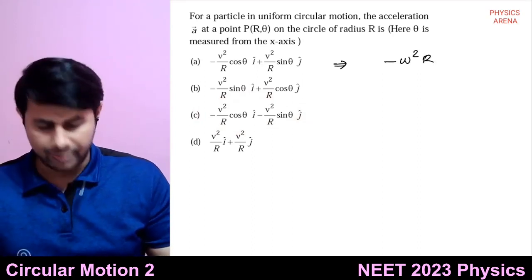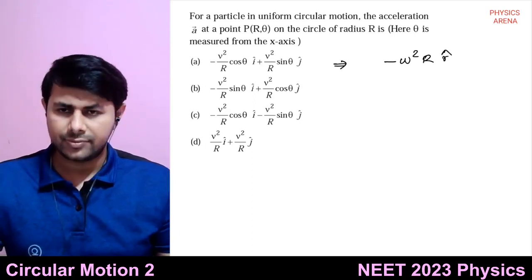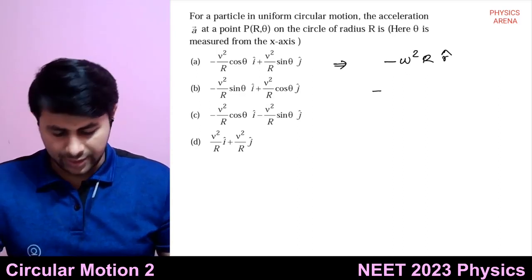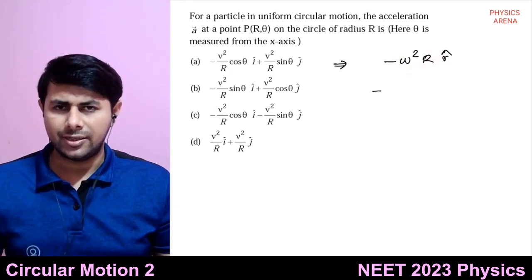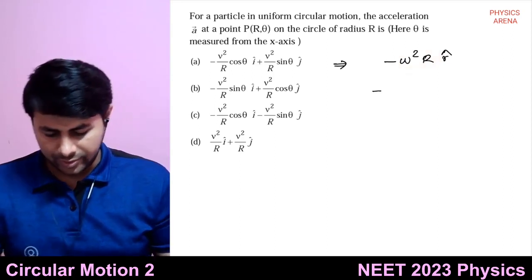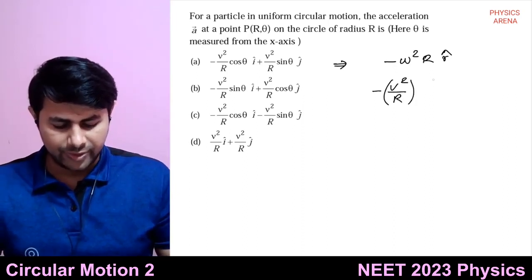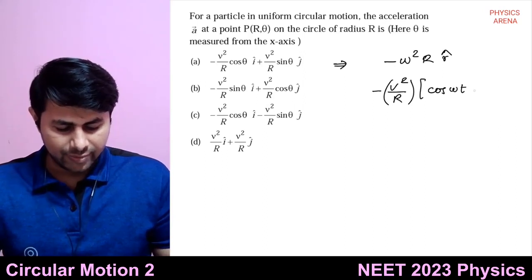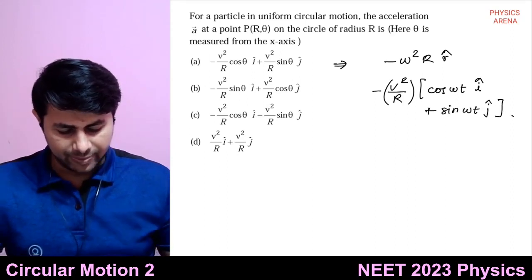We'll write capital R multiplied with r cap. This can be written as minus omega square r, or v square divided by r, multiplied with r cap, where r cap is cos of omega t multiplied with i cap plus sine omega t multiplied with j cap.